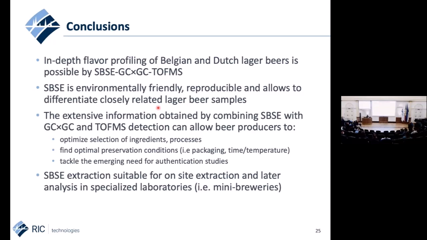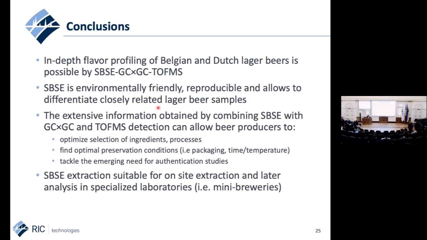It's also something that can help beer producers tackle the new emerging issue of adulteration. And let's not forget something else. We have a lot of mini breweries in Belgium, and I think everywhere in the world. Those guys cannot have a fancy instrument such as GC times GC TOFMS. It's just impossible.